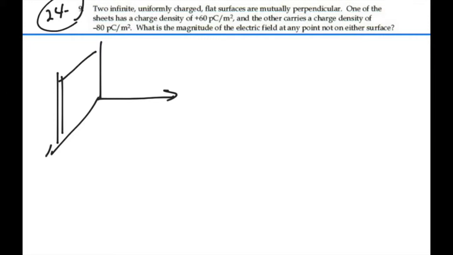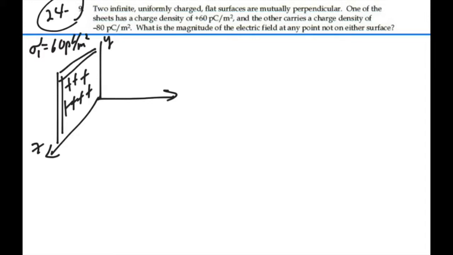Let's see if we can draw what's going on here. Let's set up one plane, our first plane, in the YZ plane. It's positively charged, and we're told that the sigma for that, let's call it sigma 1, is 60 picocoulombs per meter squared.